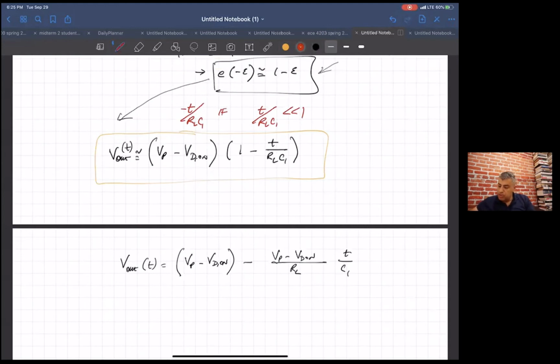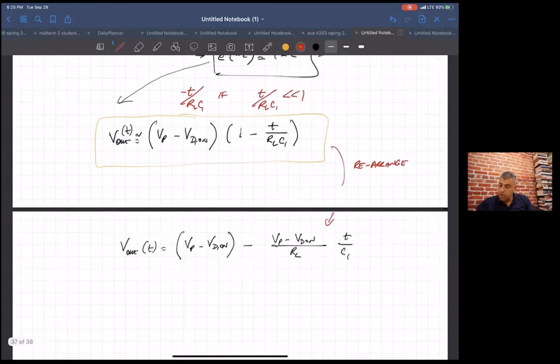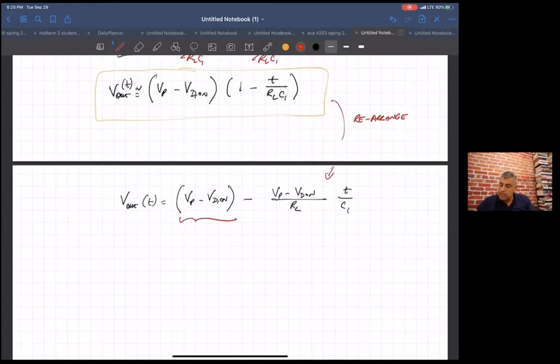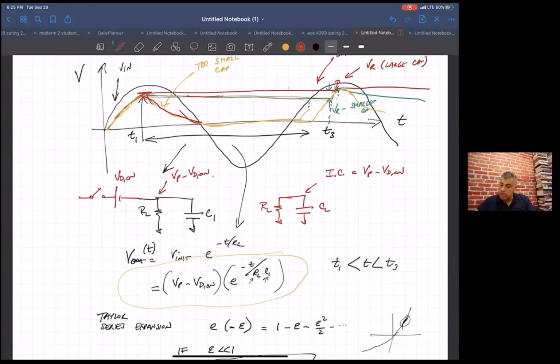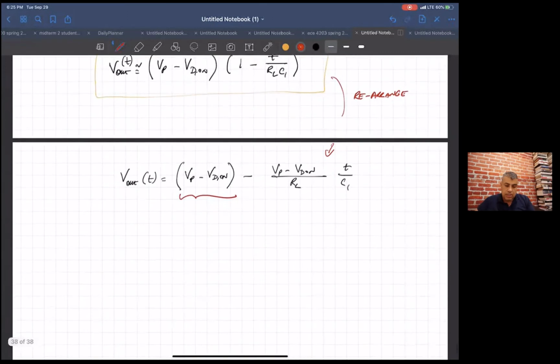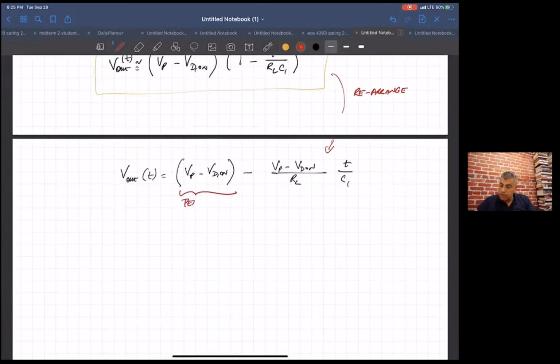So if I just rearrange it, to end up with these two components. This is the initial voltage we're left with. This is the starting point. This is the peak value, or V out at t equal to t1.